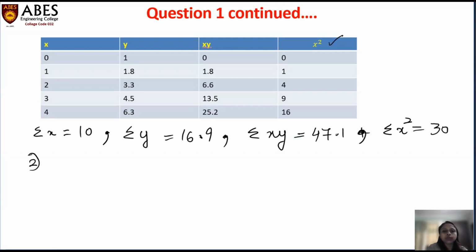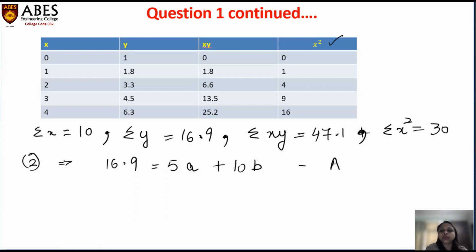So by equation number 2, we get summation y, n, that is the number of observations. There are 5 observations, so n will take the value 5. 5a plus b summation x, that is 10b.